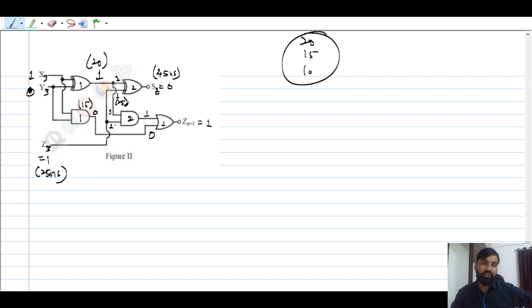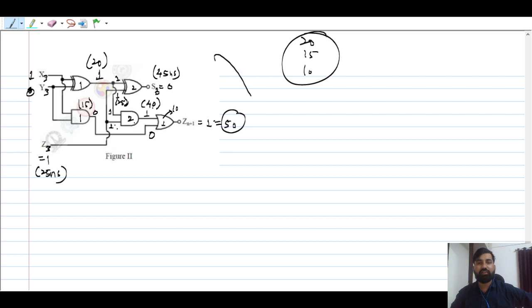So 25 nanoseconds plus the propagation delay introduced by this second AND gate, this one will be available at 40 nanoseconds. You can see, right? 25 plus 15. Now this input is 1, and the output is going to be stable only after what nanosecond? So 40 plus this propagation delay, that is 10. So 40 plus 10, this is going to be 50.